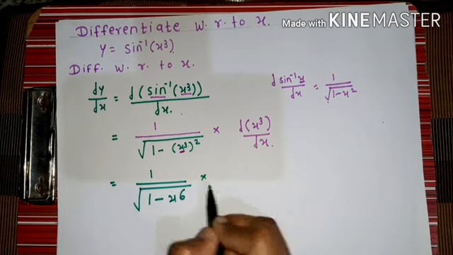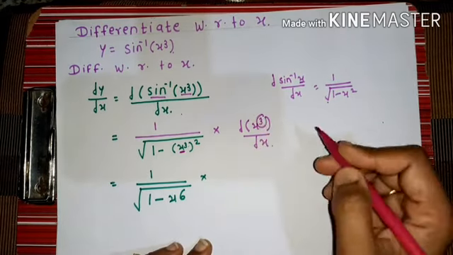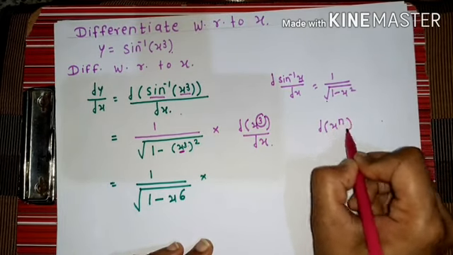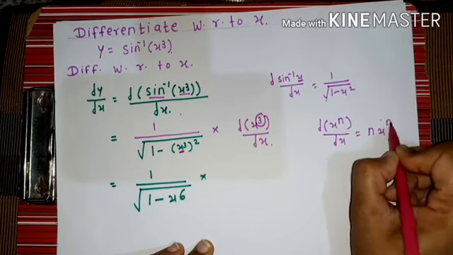Okay, into, we know the differentiation of x raised to 3, that is differentiation of a power function, that is differentiation of x raised to n with respect to x is n into x raised to n minus 1.